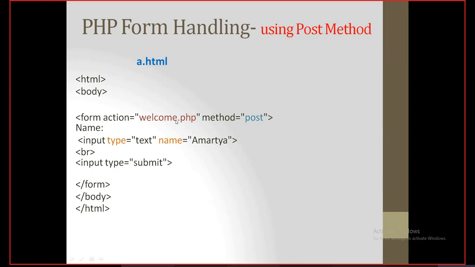Understood? Until now, what we wrote in the action part, either we wrote the servlet name or we wrote the JSP page name, .jsp file name, right? Now we are mentioning the target PHP code. Here we have an input of text type, and let us assume that the name of the text field is name, and we have a submit button.